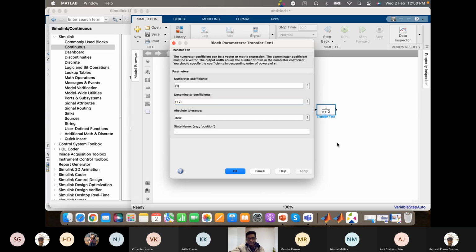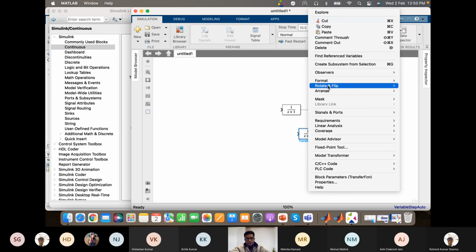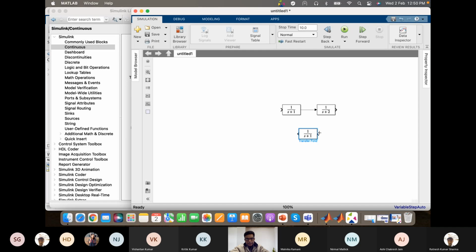If I apply, then that becomes 2. I can also flip this, and I can say flip the block. It changes direction like this, and I can click on this and click on that, and it joins.